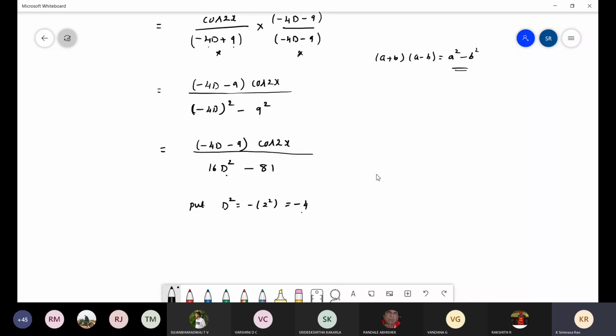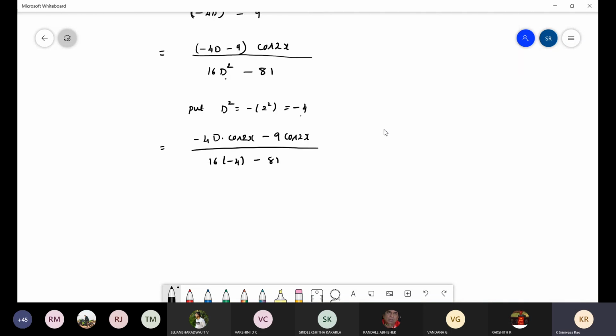Parallelly in the numerator, there are two terms, minus 4D minus 9. I will multiply minus 4 into D into cos 2x minus 9 into cos 2x, divided by 16 into minus 4 D square. I am substituting minus 4, minus 81. Now what does D stand for?